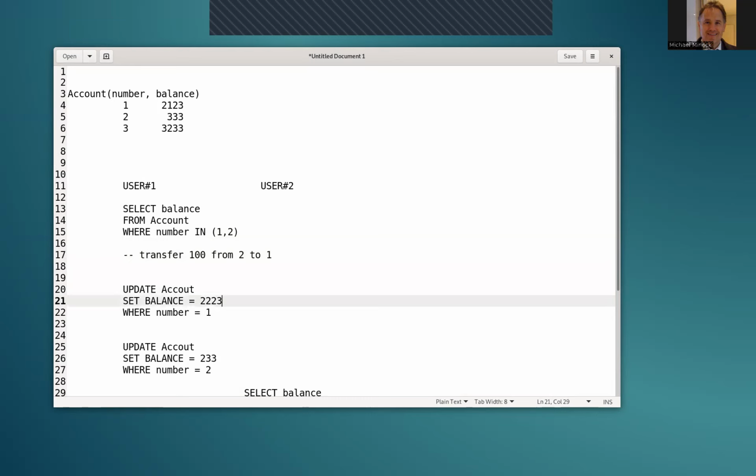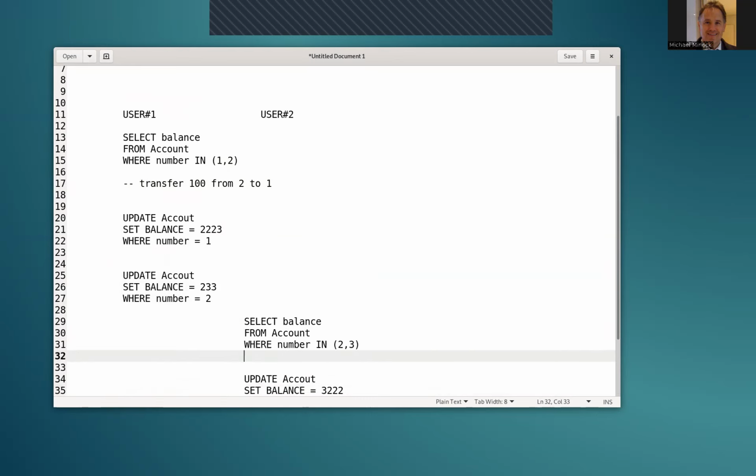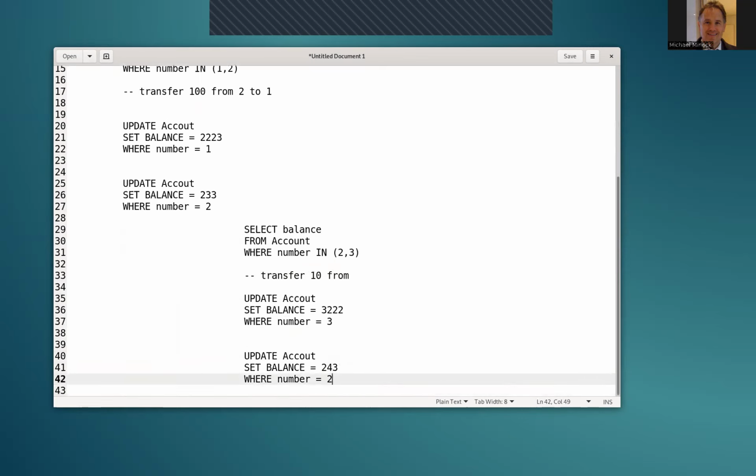Okay, and then this other one here is now going to transfer 10 from 3 to 2, I believe.